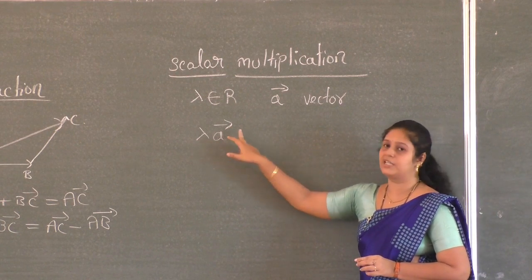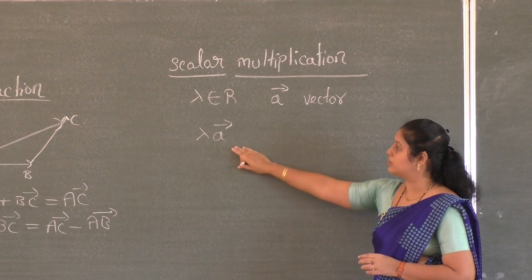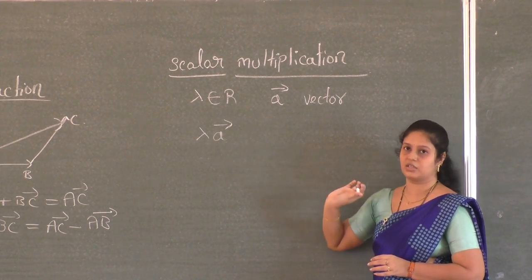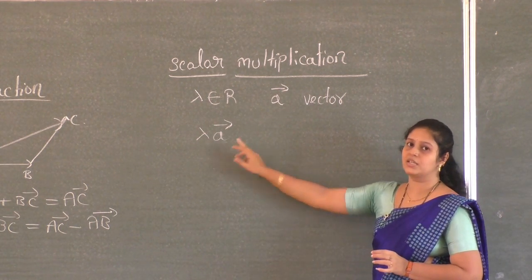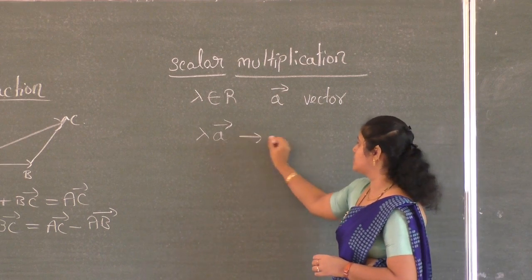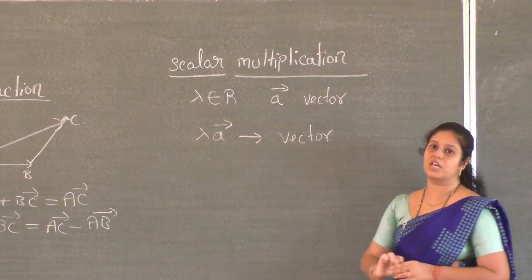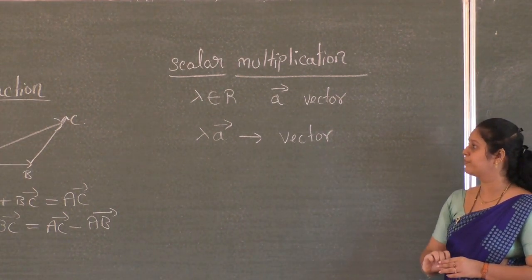Now this will become scalar multiplication, that means a number multiplied with the vector. What about this? Is it a number or a vector? Lambda into vector A is a vector. It is not a number, but we are getting a product, and that product is a vector.